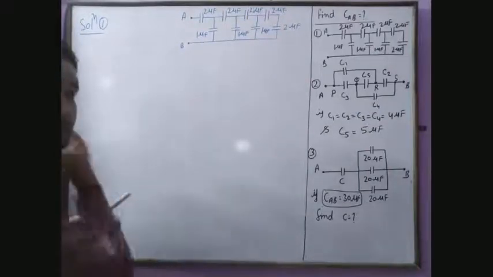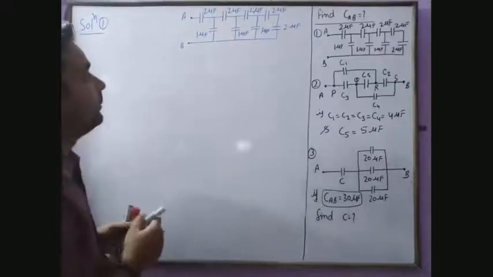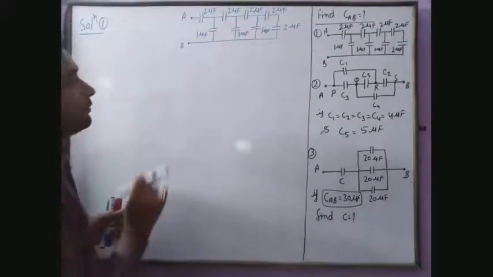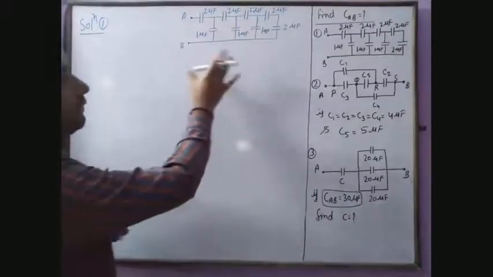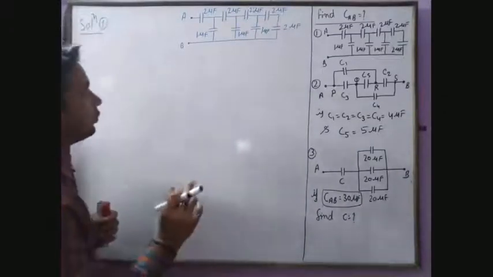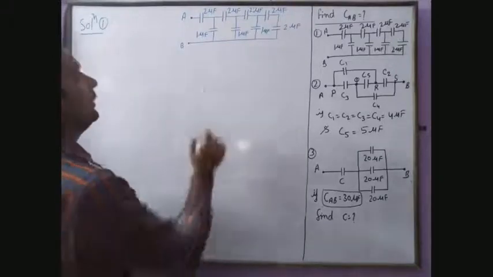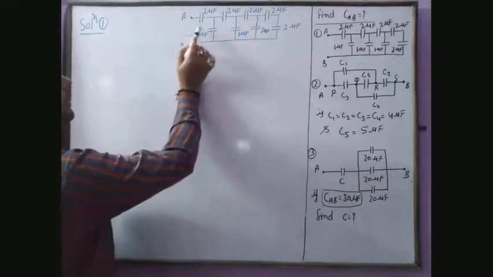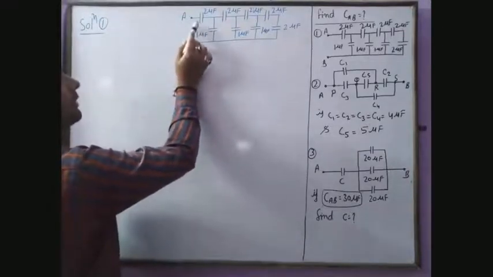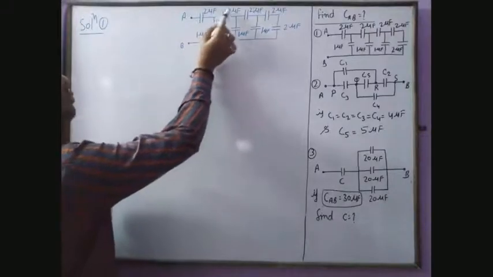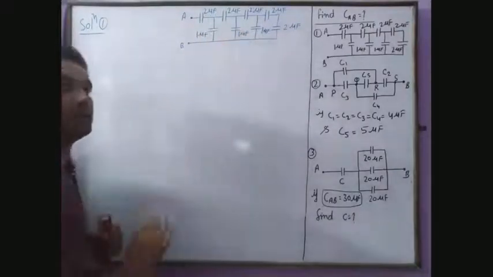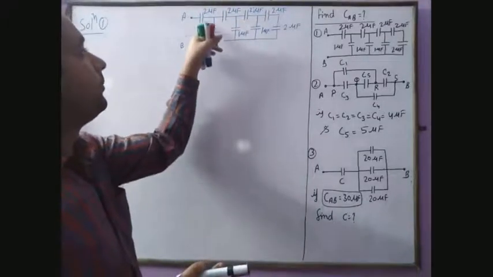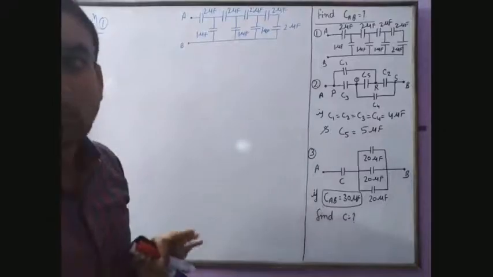In this numerical, first you need to find from where we start to solve the numerical which is given in such a way. If I start to solve it from point A to B, from this capacitor to this, the whole network is disturbed in this particular parallel combination.